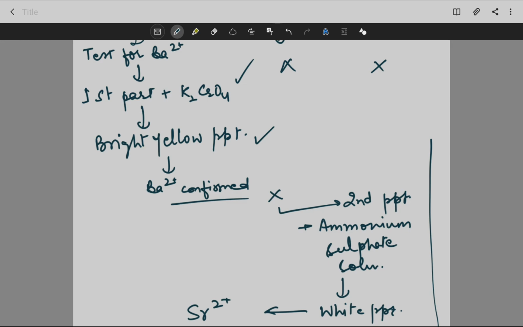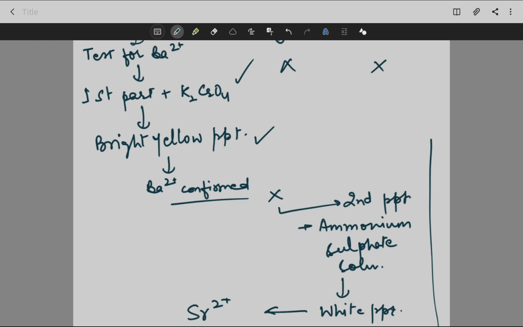Ammonium sulfate is a test which is given by barium as well as strontium both. So we are not sure whether this white precipitate is because of the presence of barium or strontium. But if we have already ruled out the presence of barium, then we are clear that the white precipitate is because of strontium only.